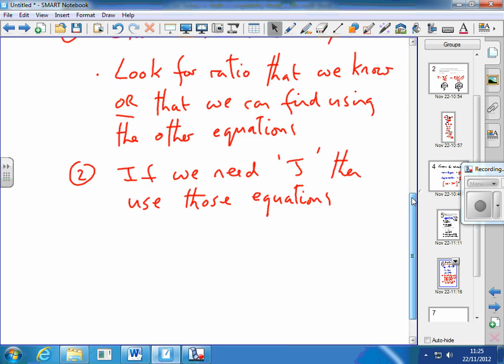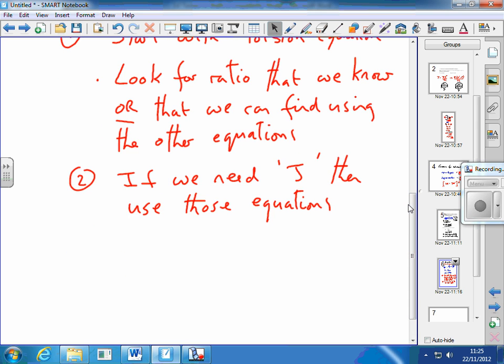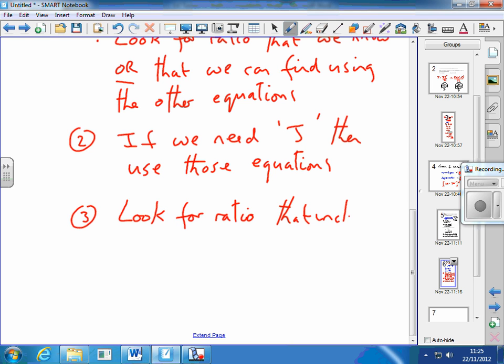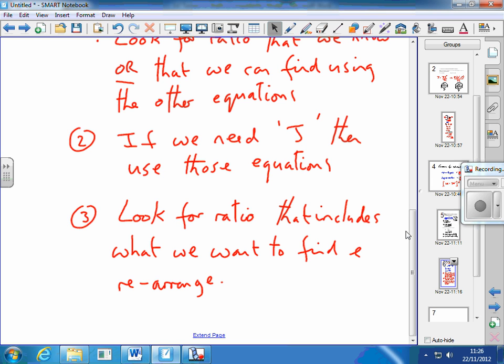Then once we've identified the ratio that we can find, and we've found all the relevant values, look for the ratio that includes what we want to find. And then rearrange. And this general plan could easily apply to the bending equation because it's exactly the same idea.